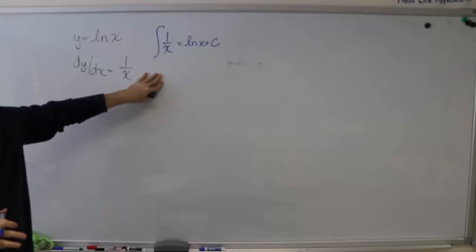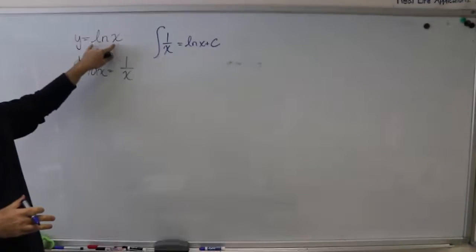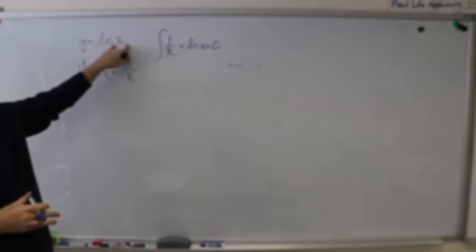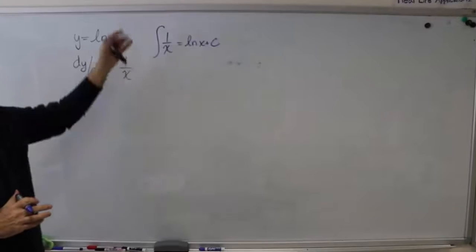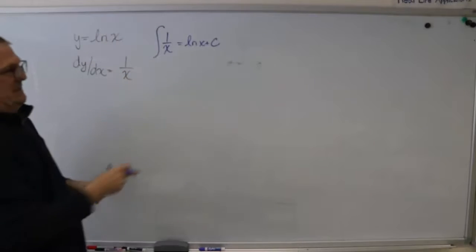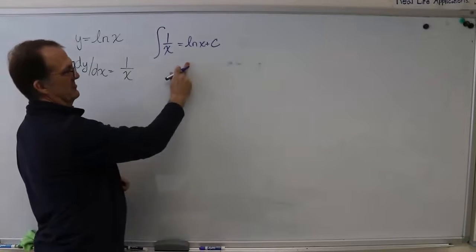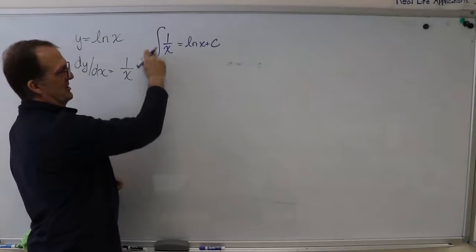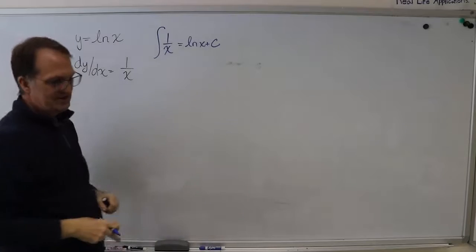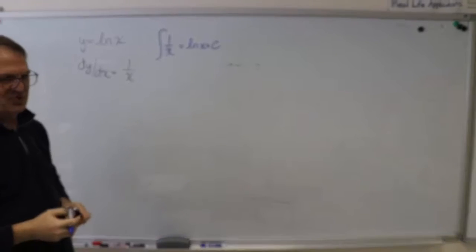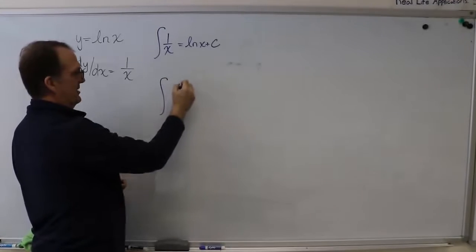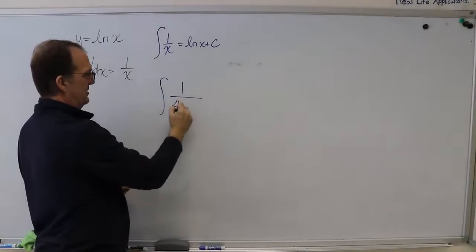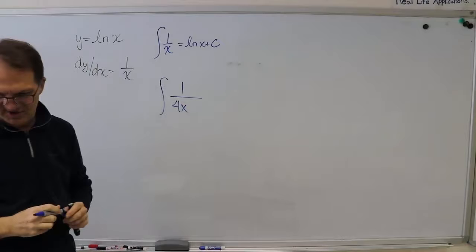Because just like I said, your derivatives of the natural log, I can always guarantee you're going to have something, not just x, that you'll have to do the chain rule. So along with the integration, you'll never see just the integral of 1 over x. It's too easy. So what you will see is the integral of 1 over 4x plus 1.